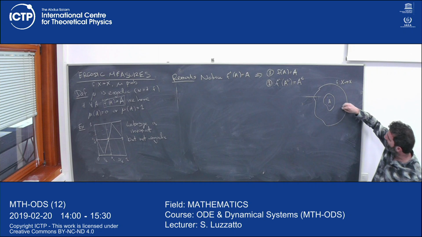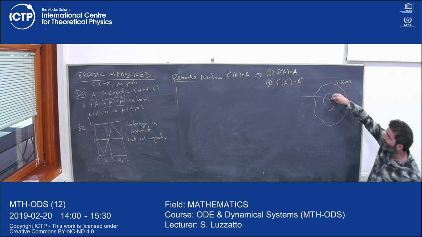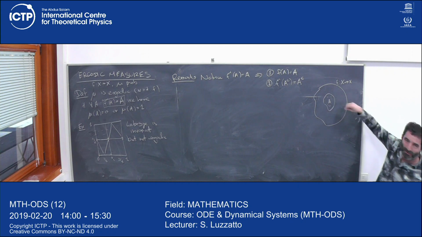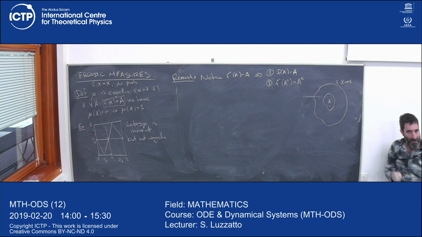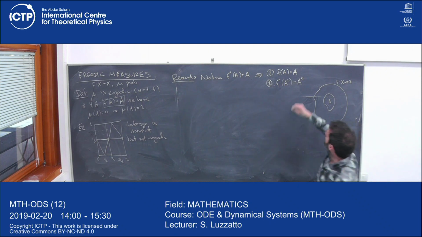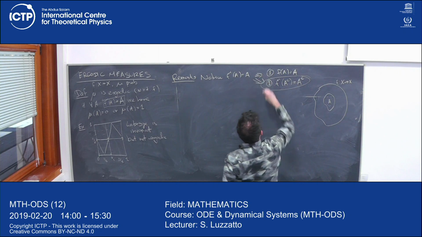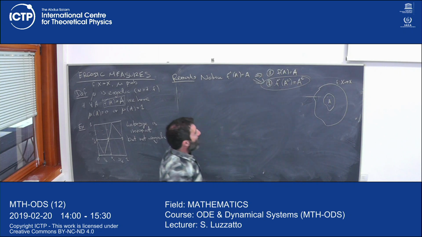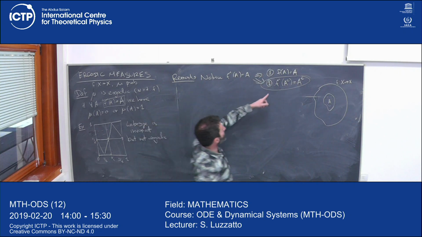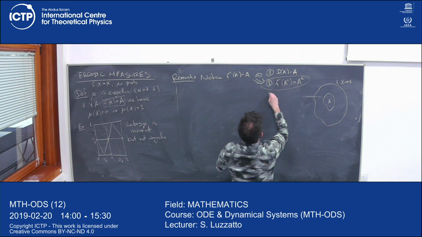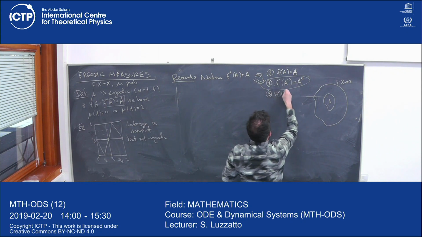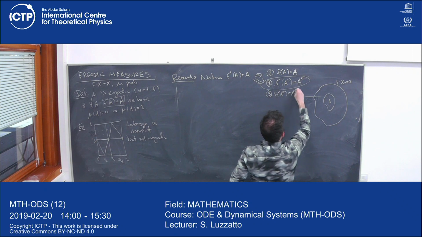Because if you take a point in the complement and its image at some point belongs to A, then that means some pre-image of A belongs to the complement, which contradicts that. Okay? So the most important implication is this one, in some sense. And of course this also means, by the same argument, that f of A complement equals A complement.